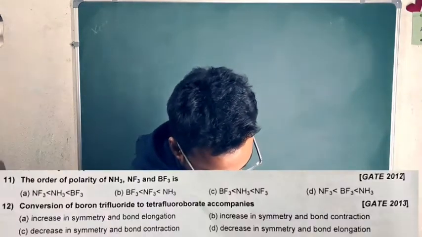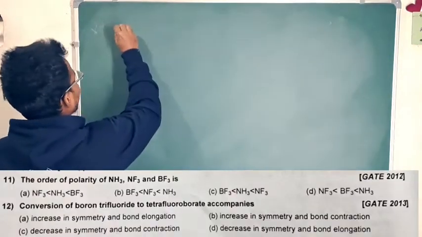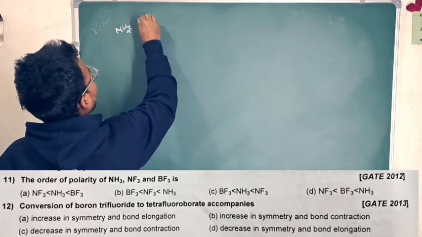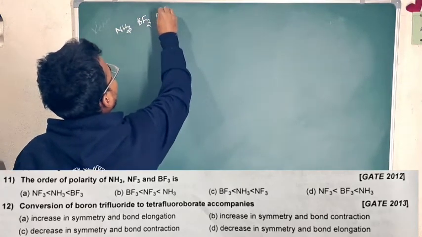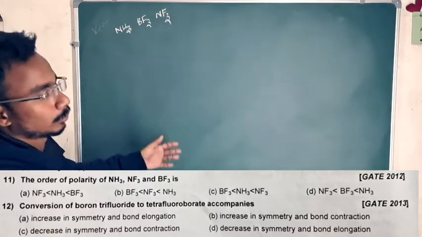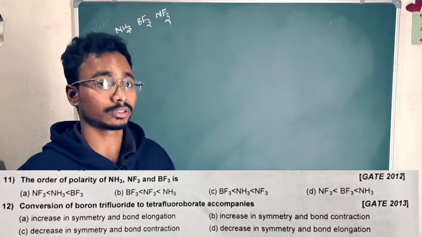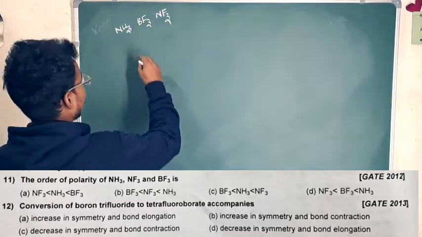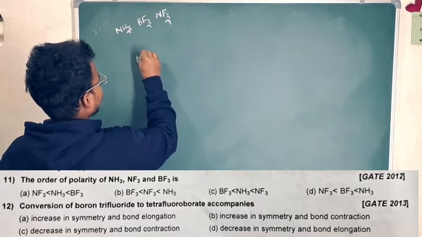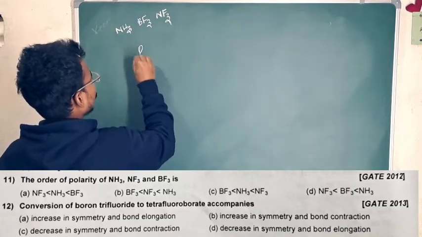The order of the polarity of NH3, NF3 and BF3. I think polarity means we will consider the dipole moment. So how will we calculate the dipole moment? Let's draw NH3. This is the lone pair.